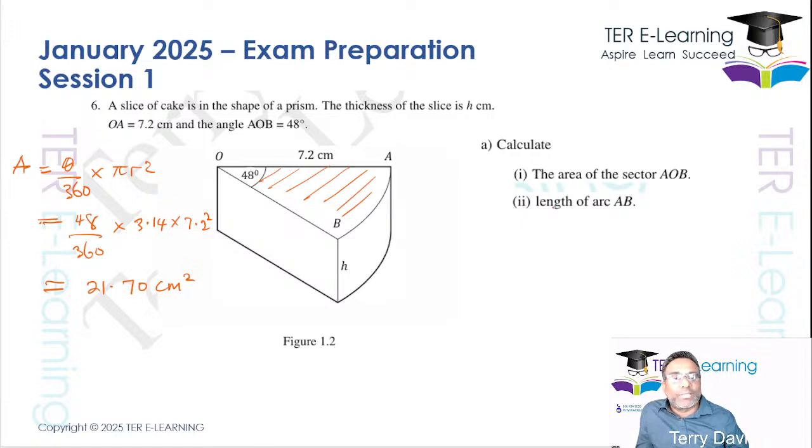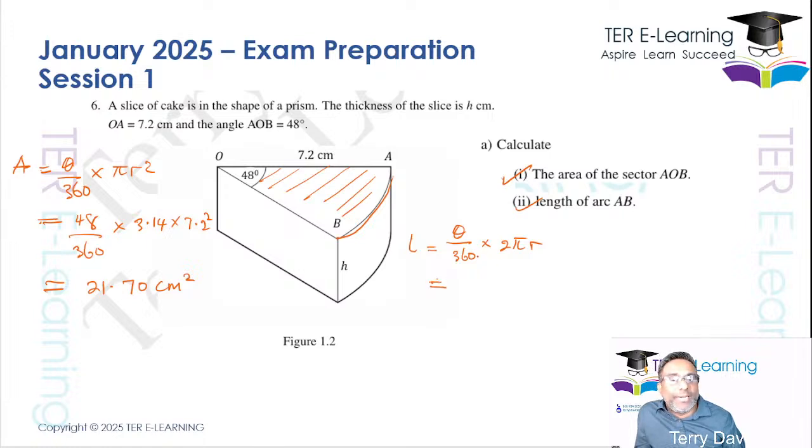So that's part 1. Now we want to get the length of the arc AB. The length of the arc is this curved piece here that we're trying to work out. Let's call it L. Again, this formula is also given to you in the exam. It's theta over 360 again, multiplied by 2 pi r. That's the formula to find the length of the arc of a sector.